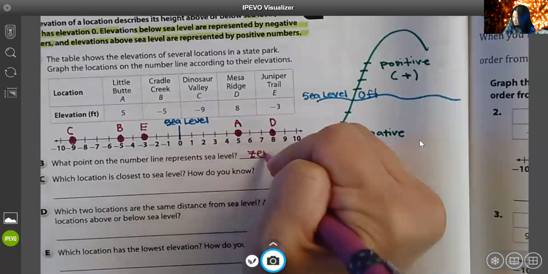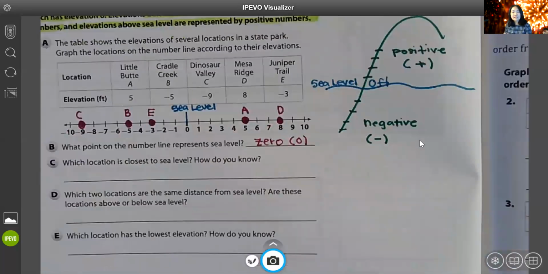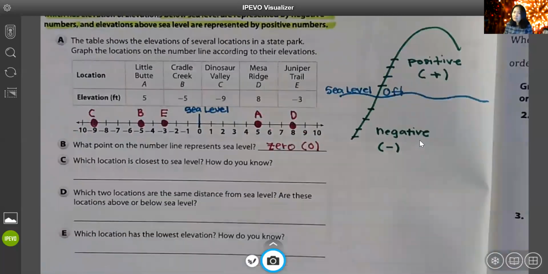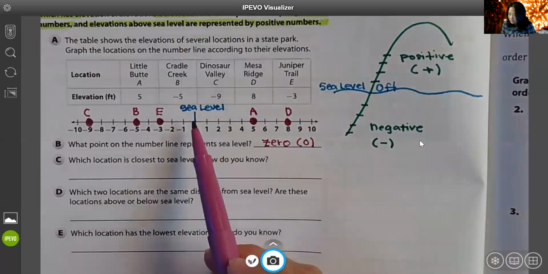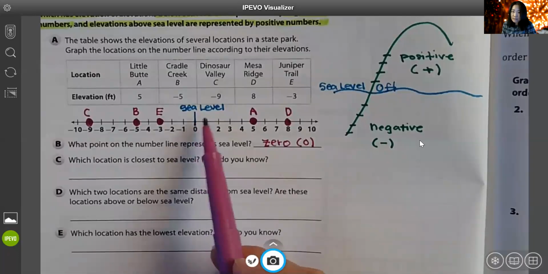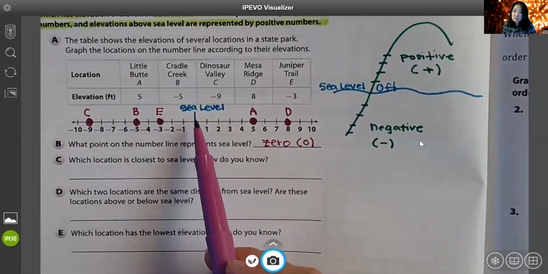0.0. Okay. All right. C, which location is closest to sea level? Now, if you take a look, here's the sea level, and it doesn't matter whether the point is to the right or to the left of the sea level. Which one is the closest to the sea level?